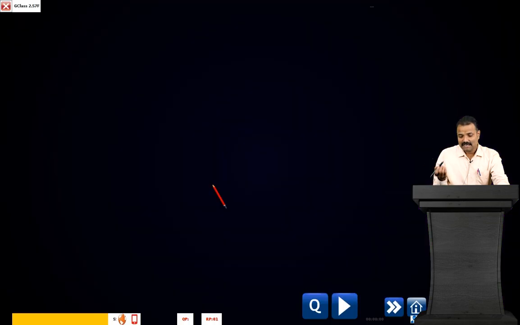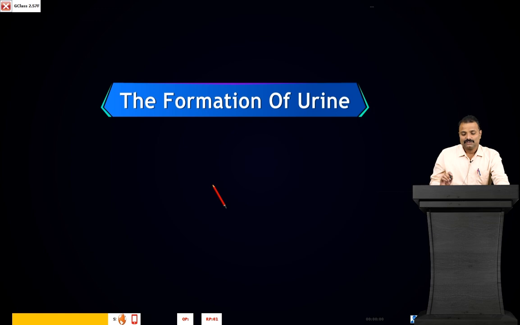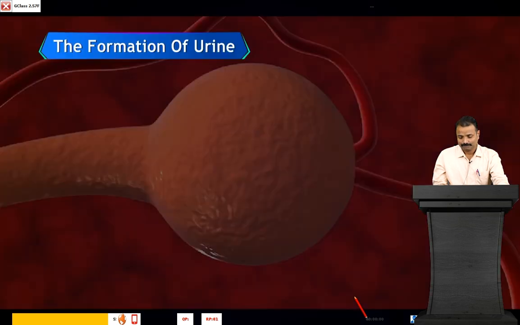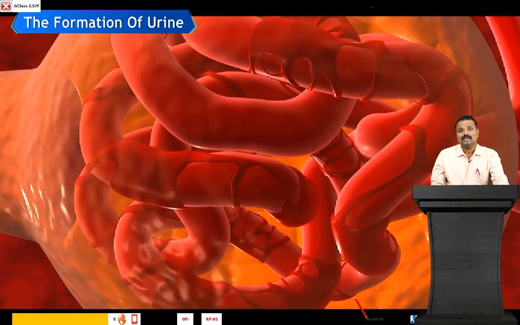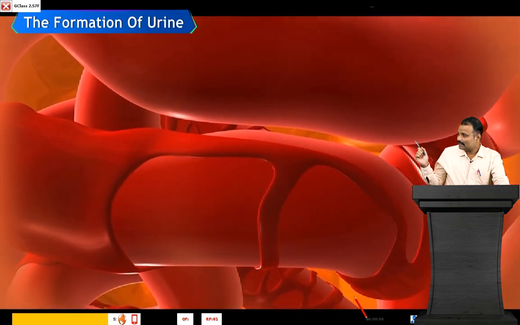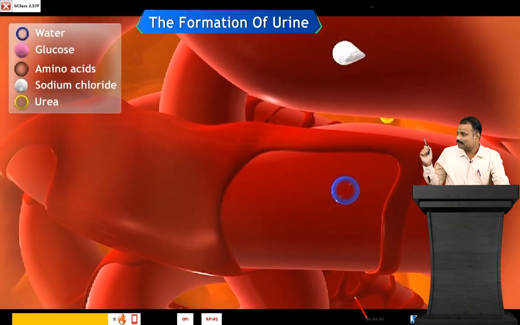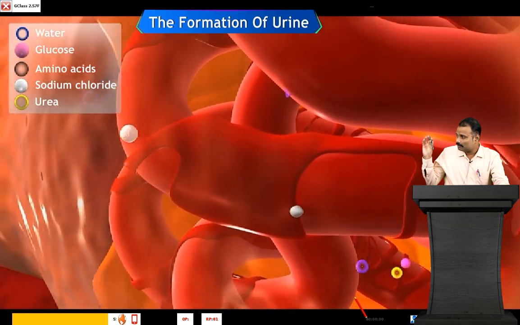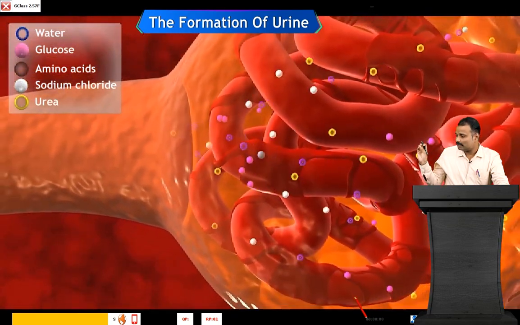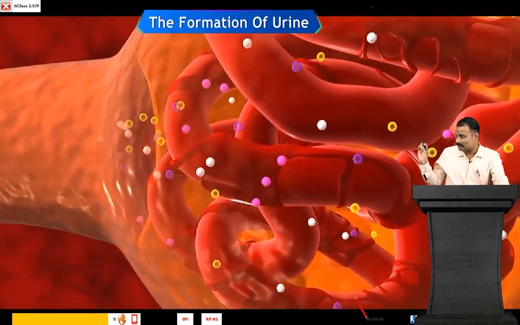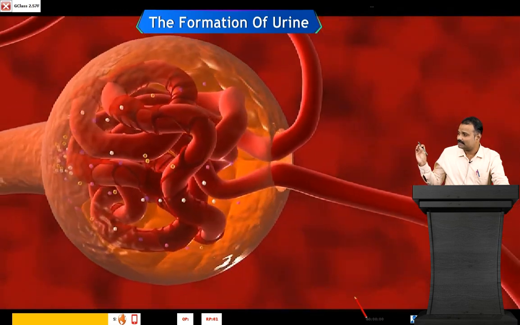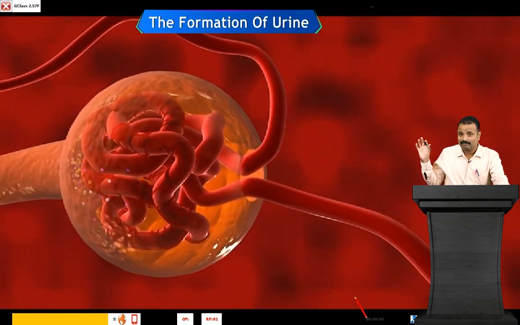Okay, now let's see what else we can learn in this particular chapter. So the next concept is the formation of urine. What happens here? Now, as you are looking here, in the glomerulus, different types of small molecules like water and other nitrogenous waste along with glucose, amino acids and sodium chloride are filtered out from the blood.